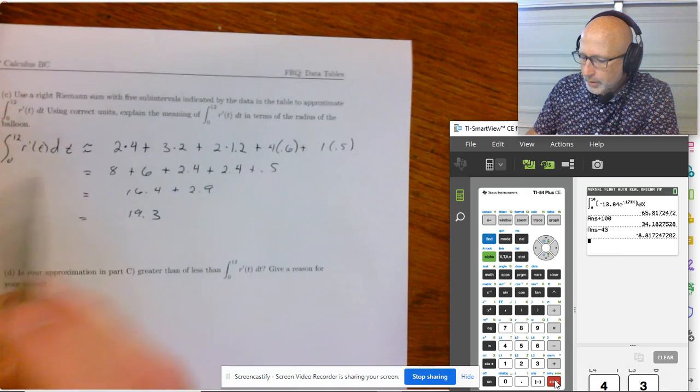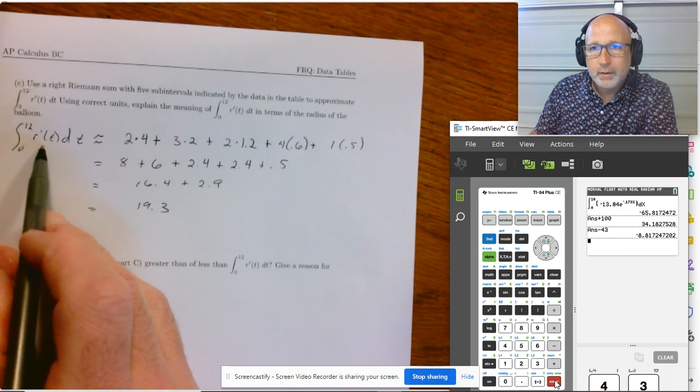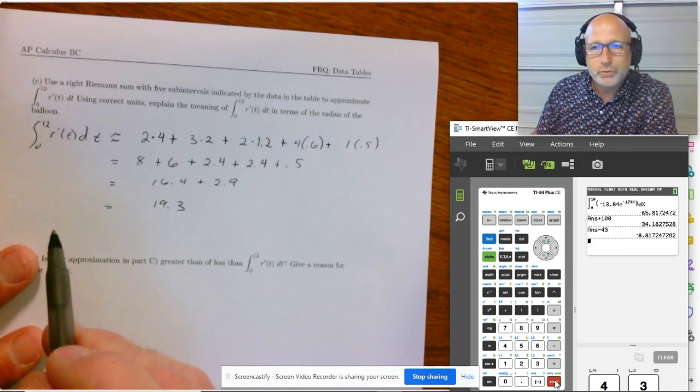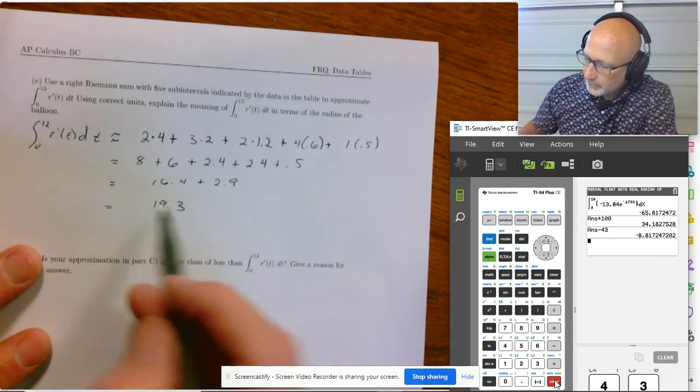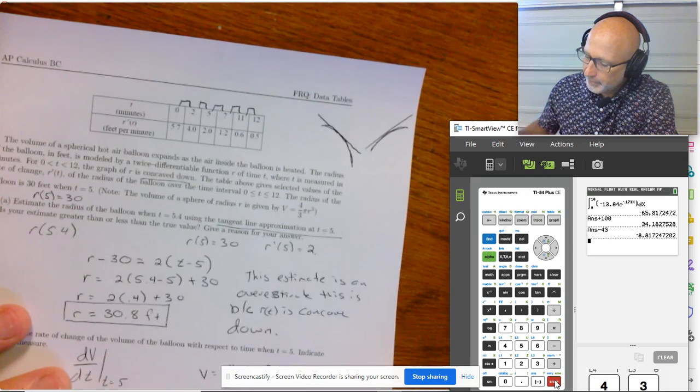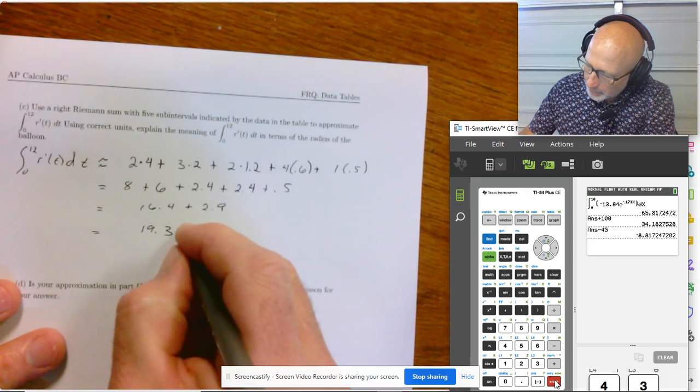Okay. So what are we doing? We're integrating the rates over the time from 0 to 12. Well, that's going to tell you the total change in the radius. So this is 19.3 what? Feet, because that's what the radius is measured in.